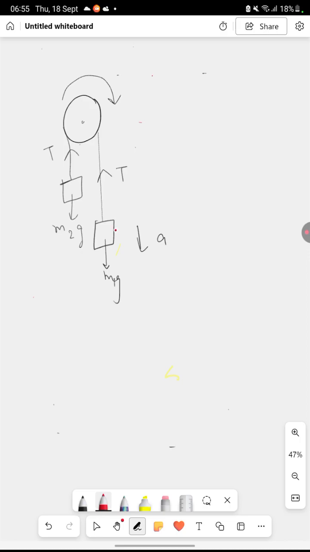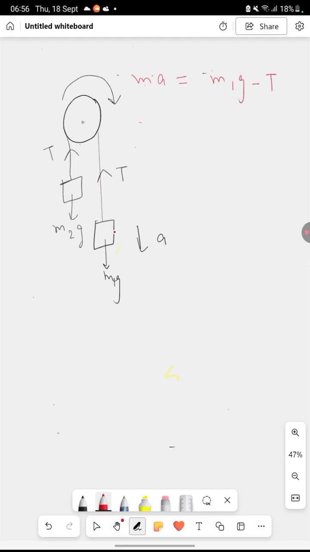Here let's consider M1 is the greater mass than M2. In that scenario the acceleration of the mass will be downward. So from here we can say the total force exerted in the downward direction, that will be MA, will be equal to M1G minus T. M1G is the force exerted in the downward direction and T is the tension exerted in the upward direction.